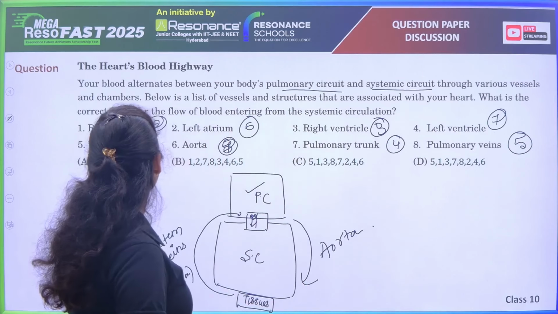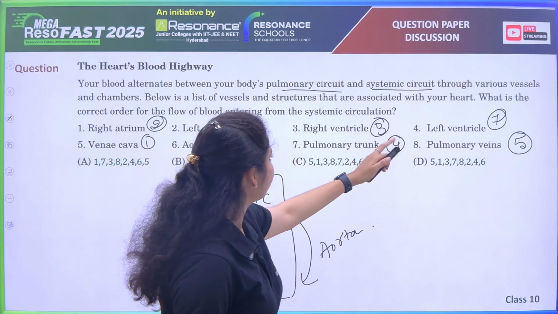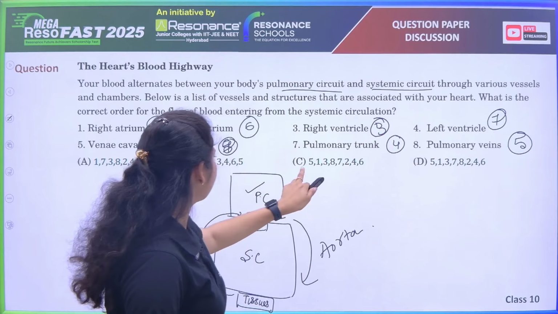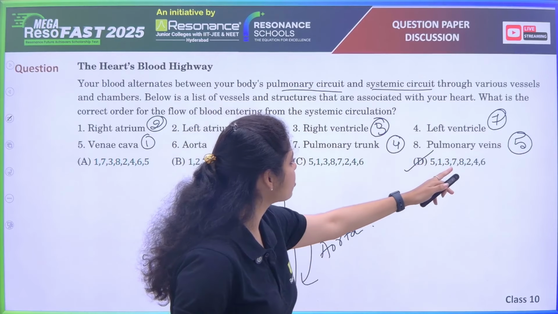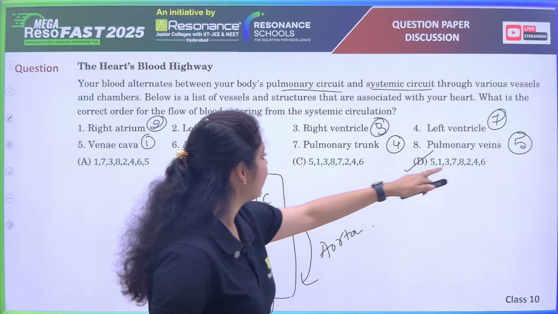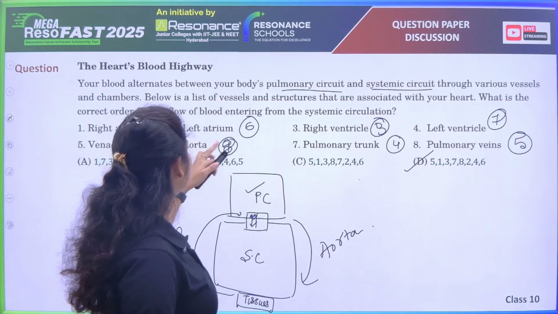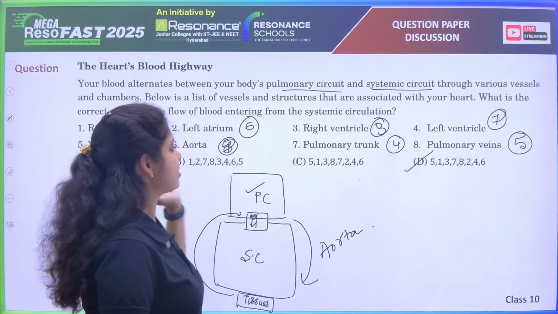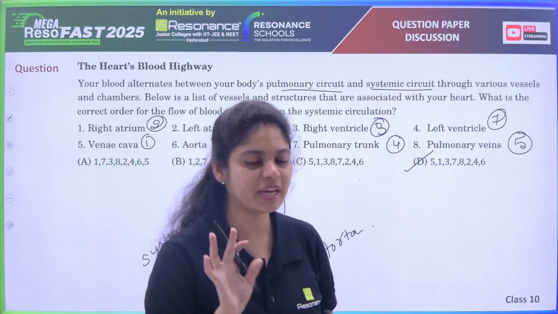Now see what will be number 1? 5, 1, 3, 7, 5, 1, 3. This would be the correct option. Check the remaining also. 7 and then 8. Yes, we have 8 and then 2, 4 and 6. Yes, so option 4 would be the most appropriate answer.